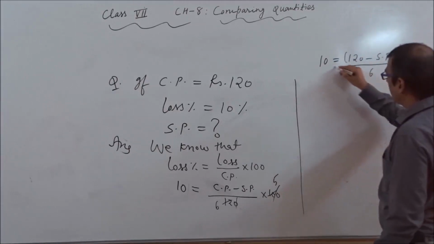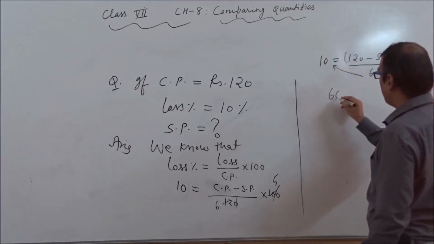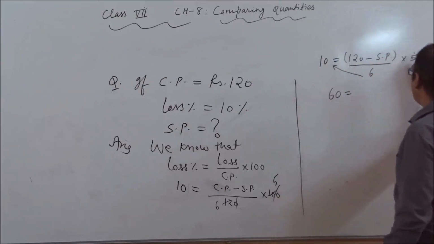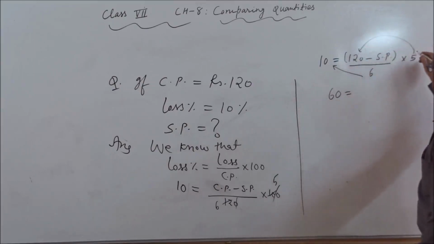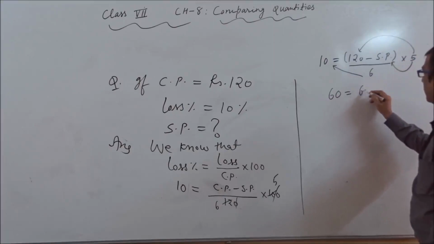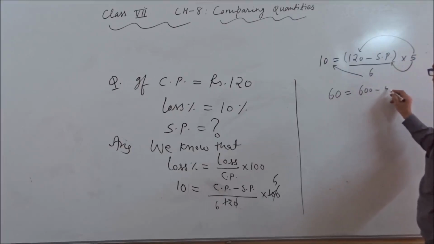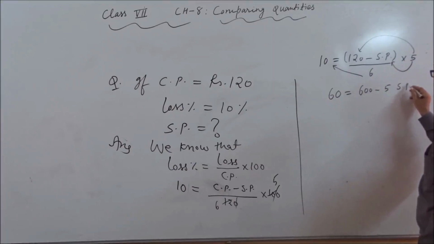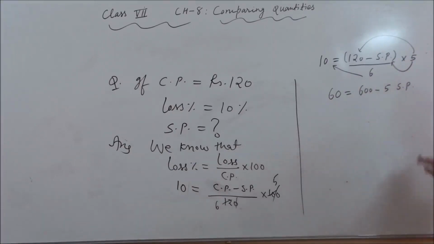Now we multiply 6 with 10, so it becomes 60. And 5 multiplied by 120 and 5 also multiplied by SP, so we will get 600 minus 5 times selling price. With the help of this equation, how can we calculate the value of selling price?